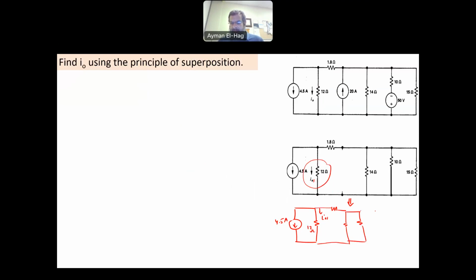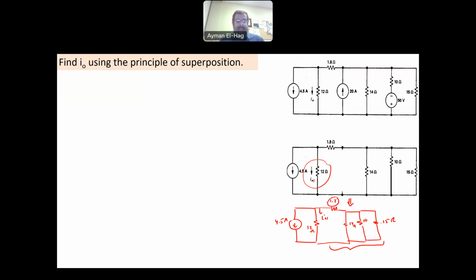And here we have the three resistors: the 15 ohm, the 10 ohm, and the 14 ohm. Now I want to add all of these together as one resistance only. So the 1.8 here is in series, and these three are in parallel.